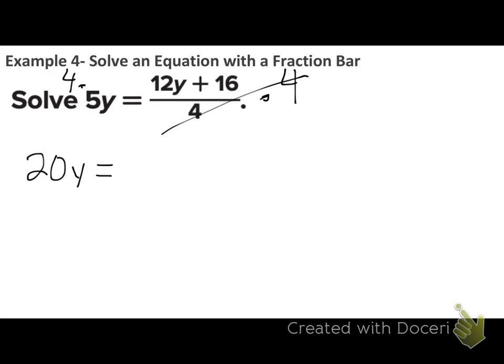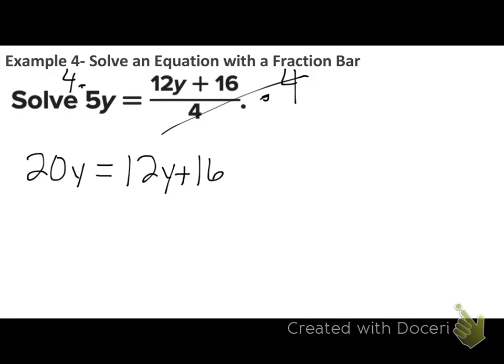And on the right side, what am I left with after I cancel the denominator out? 12y plus 16. It just leaves my numerator after the denominator cancels out with that 4. It makes my problem a lot nicer to deal with. So I've gotten rid of the fraction bar.